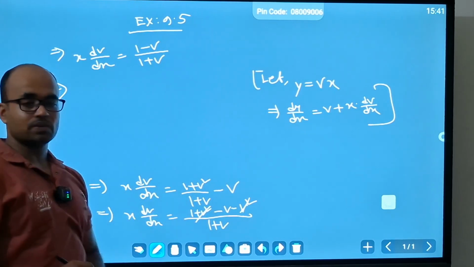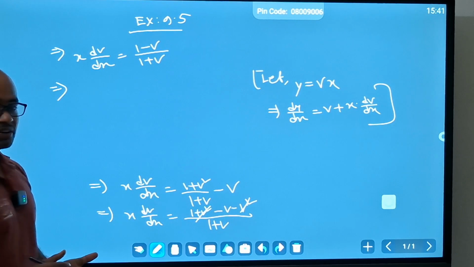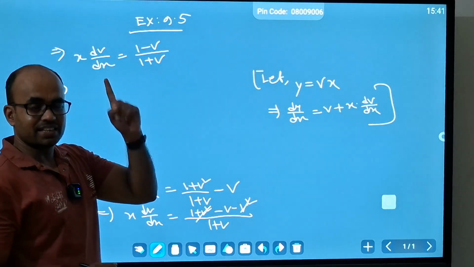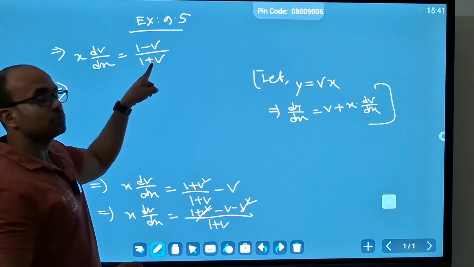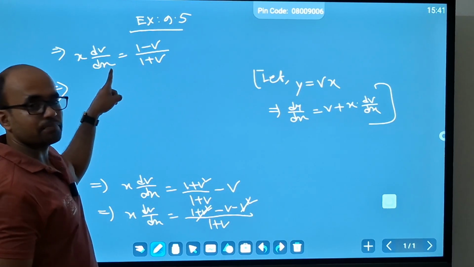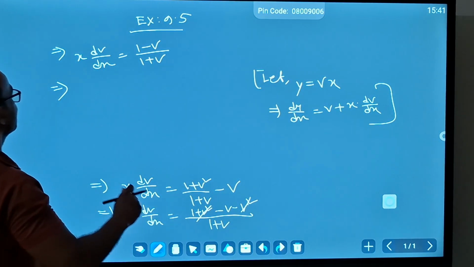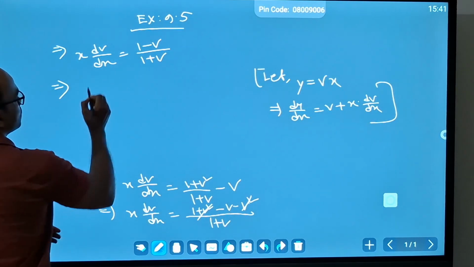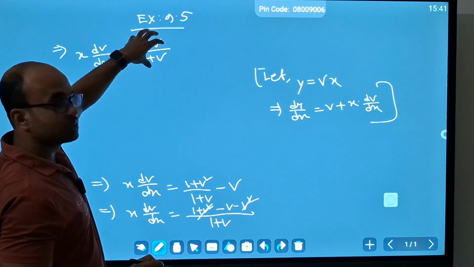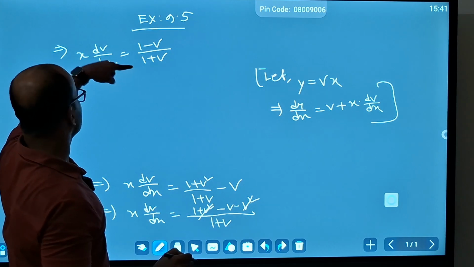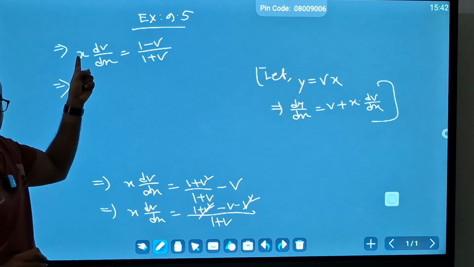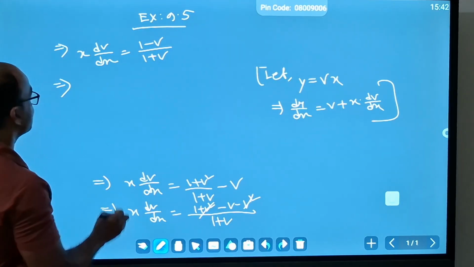At first there was no way to apply variable separable, but now there are two variables x and v and we can easily separate them. So the term with v should be with dv and the term with x should be with dx.